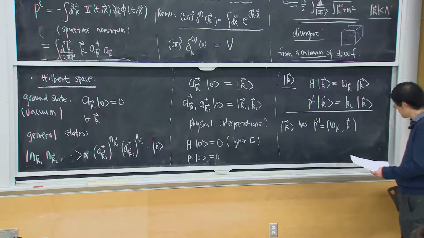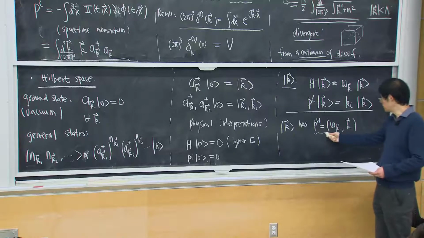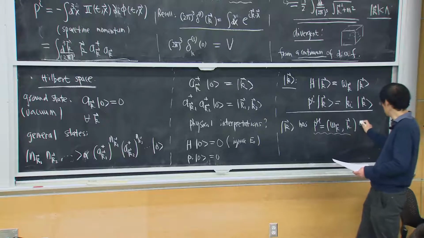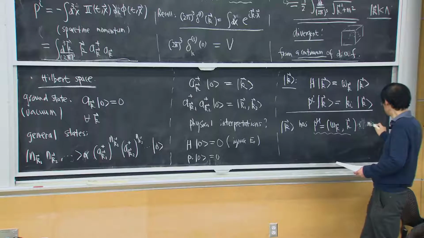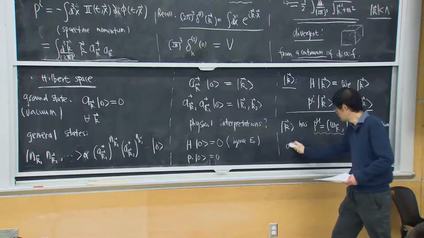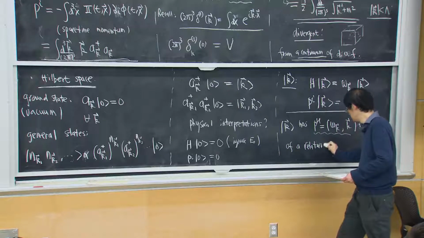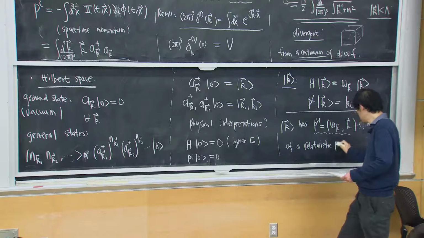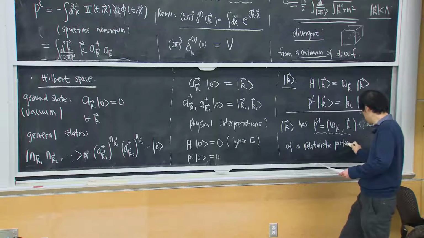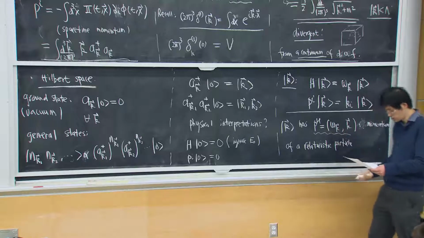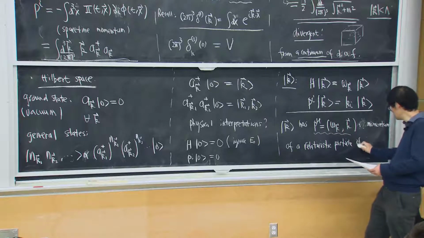This is exactly the momentum of a relativistic particle on shell, because omega_k is equal to the square root of k squared plus m squared, of mass m.